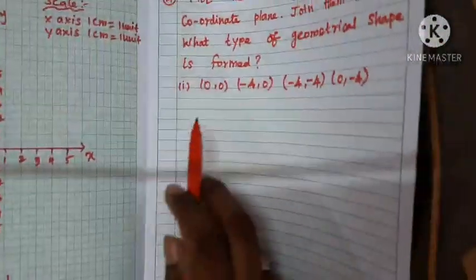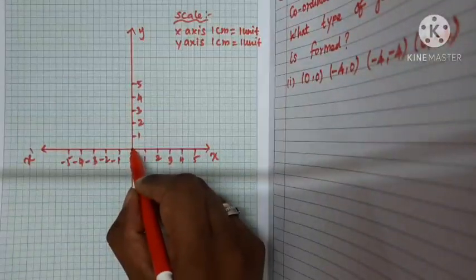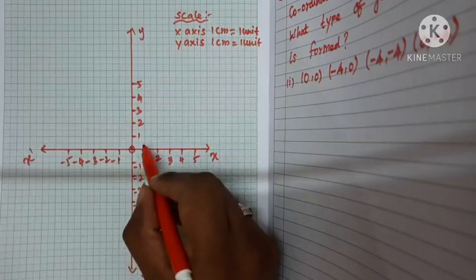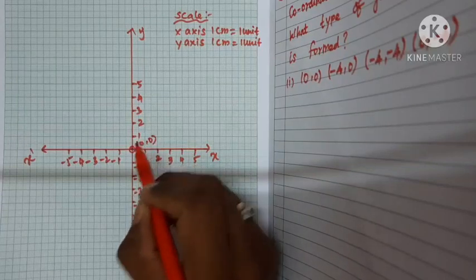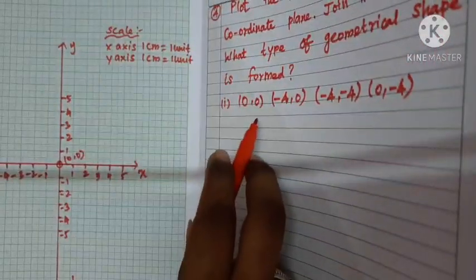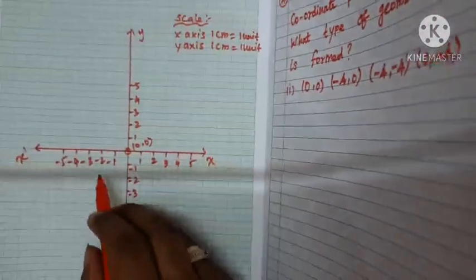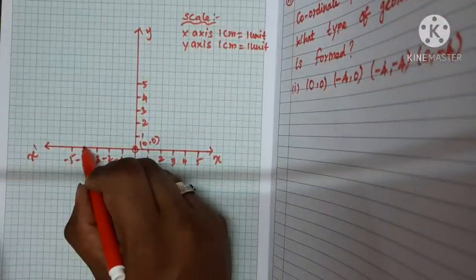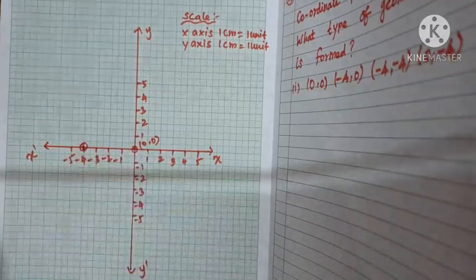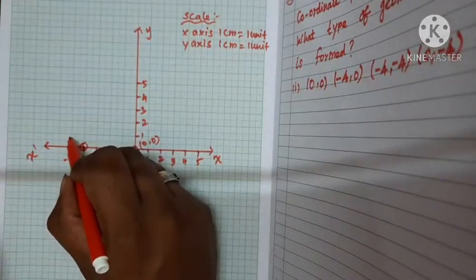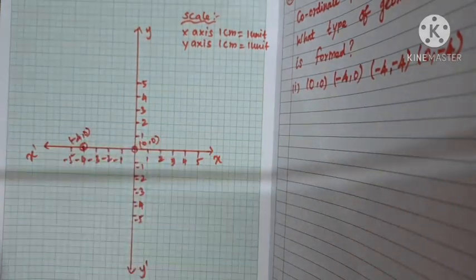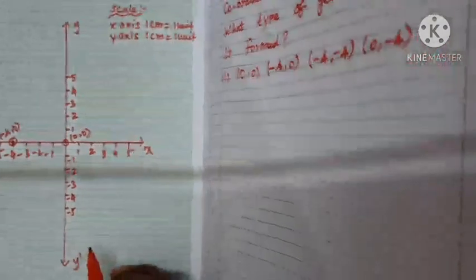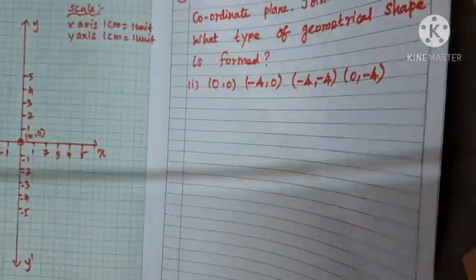And now we have to plot the points. First point is 0, 0. 0, 0 means that is the origin point. And then the next point is minus 4, 0. X is minus 4, y is 0. So the point is plotted on the x-axis alone. And the next point is minus 4, minus 4.